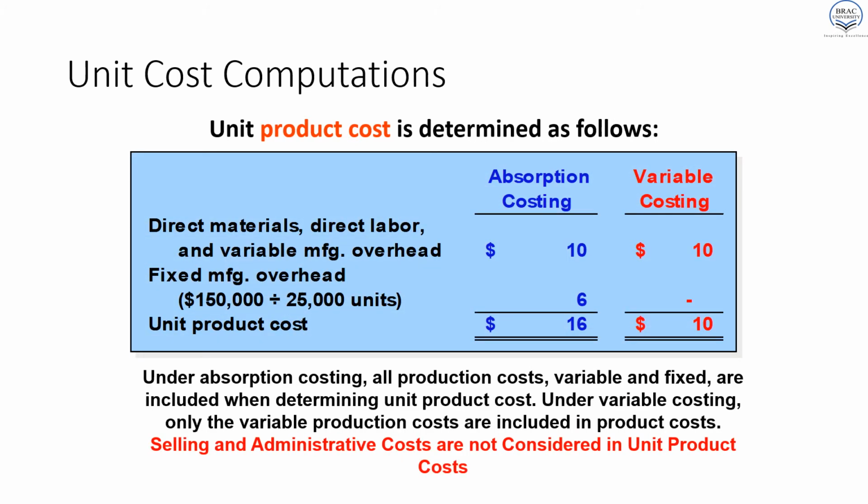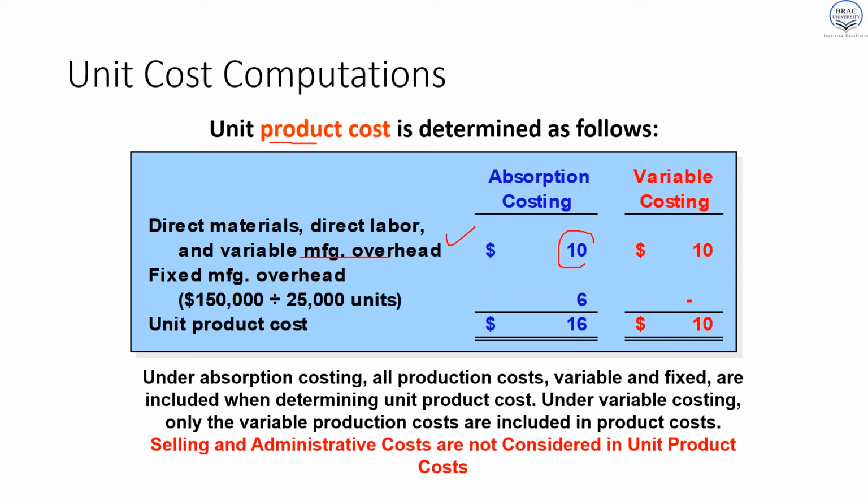As we mentioned, in terms of approaches, terminologies and characteristics, when we calculate the absorption costing unit production cost, what we have to include, this is common for everyone: direct materials, direct labor, and variable manufacturing overheads, which is $10. Of course, we have already seen that in the previous slide. And for fixed manufacturing overheads, because it is absorption costing, we have to include them.